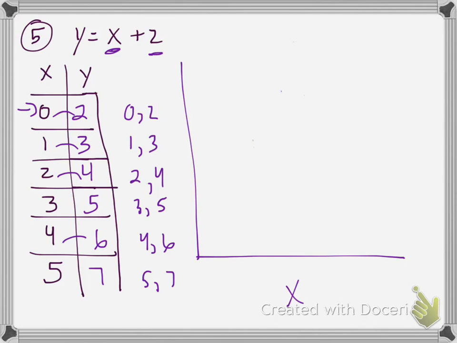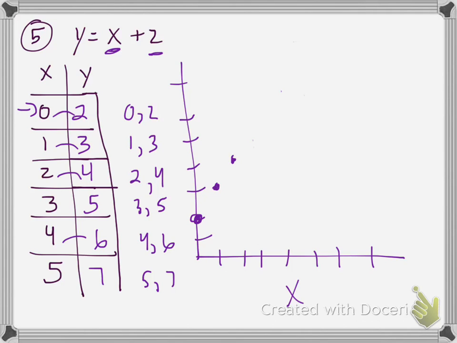So x is 1, 2, 3, 4, 5, 6, 7. That should be enough. 1, 2, 3, 4, 5, 6, 7. So for my first one, x is 0, y is 2. That would be right here. For my next one, x is 1, y is 3. That'll be right here. Now for my next one, x is 2 and y is 4.